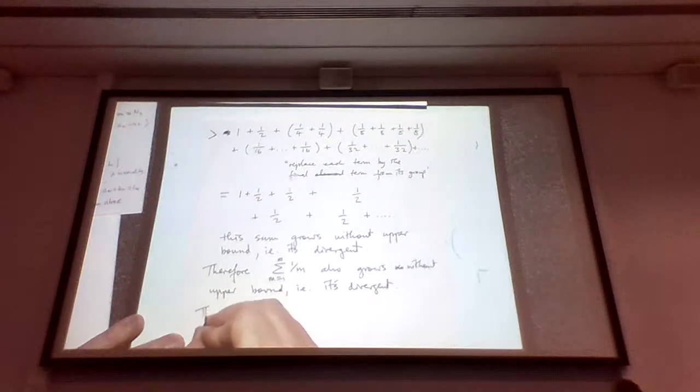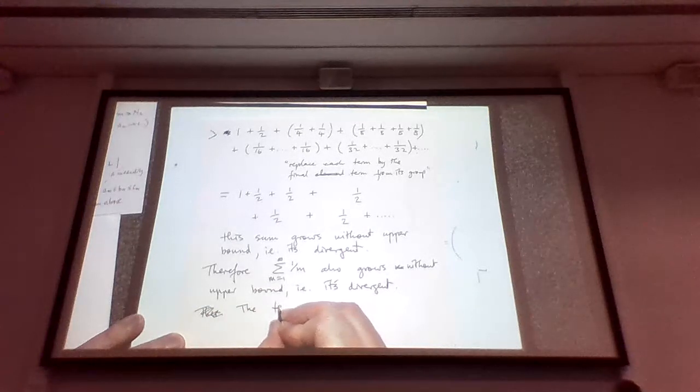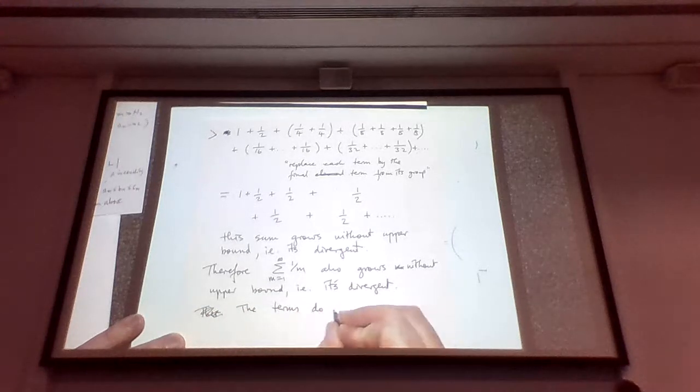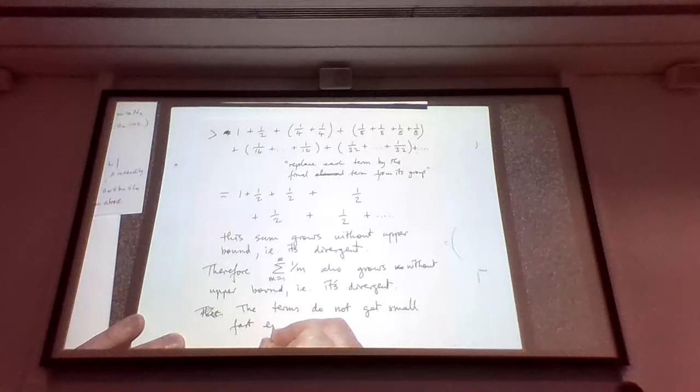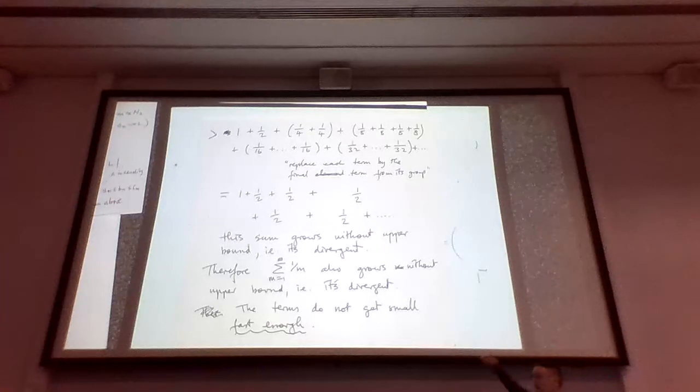So the terms do not get small fast enough. The terms of 1 over 2 to the power n do get small fast enough, so that the infinite series converges.